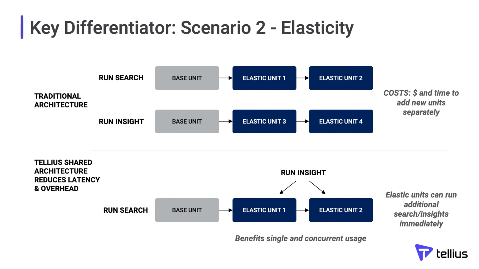With Tellius, and this is just one example, once you've started scaling elastically and you have these elastic units available based off of some user action, some user goal, you're running an ad hoc search, let's say, those elastic units are available to you now. So you can actually use those same elastic units, whether it's running an insight, creating machine learning models, or these kinds of things. So again, this is a huge benefit to single users as it is, but you can imagine this being even more beneficial when you have concurrency come into the picture, and the ability to perform these different actions and go back and forth.